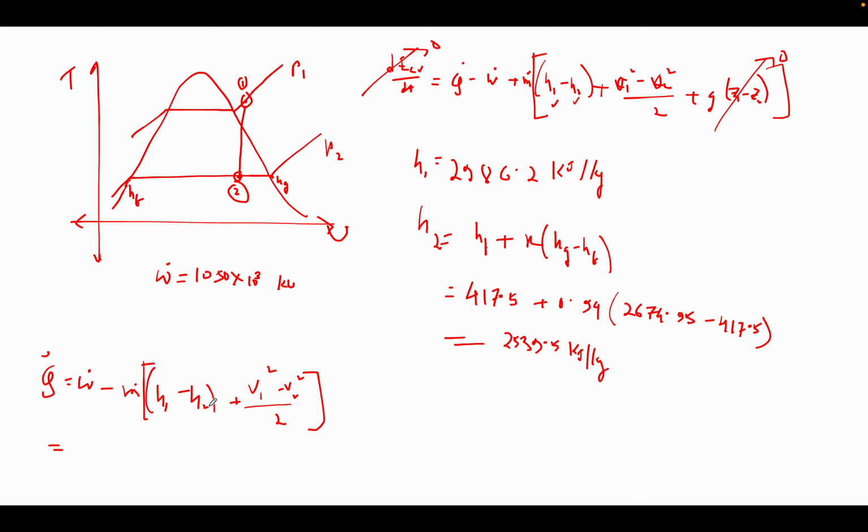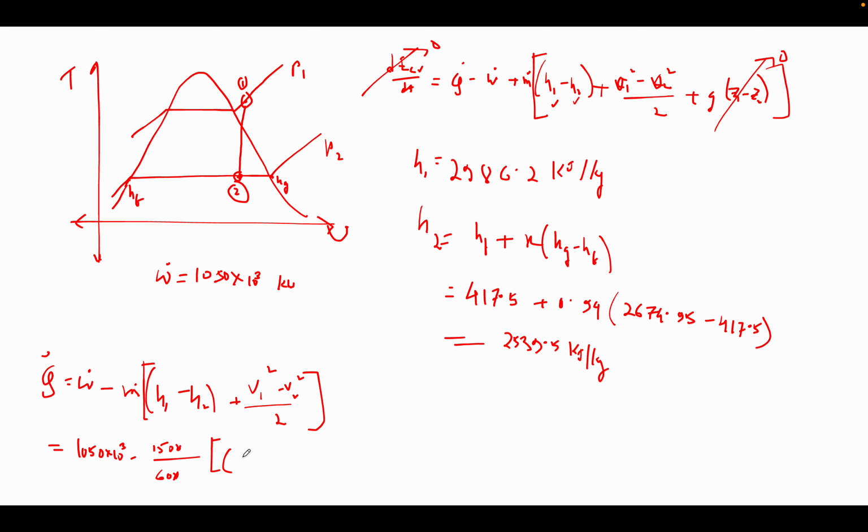So this will be 1050 into 10 to the power 3 minus m dot, 150 kg per minute, so 150 by 60, into H1 minus H2.